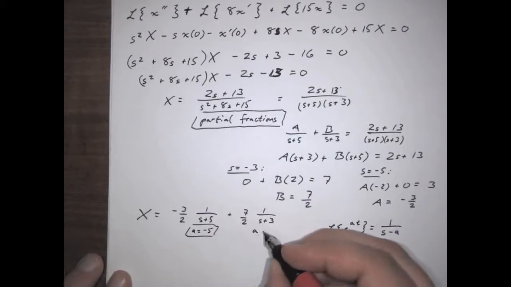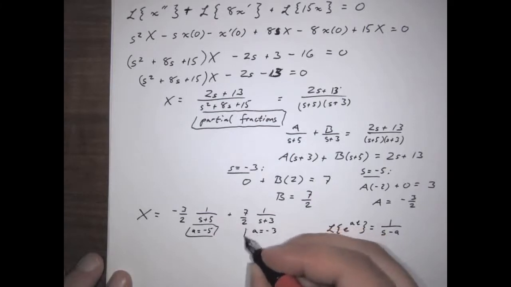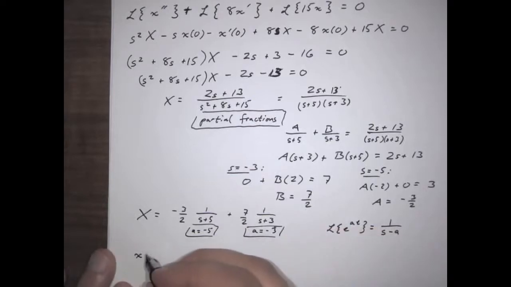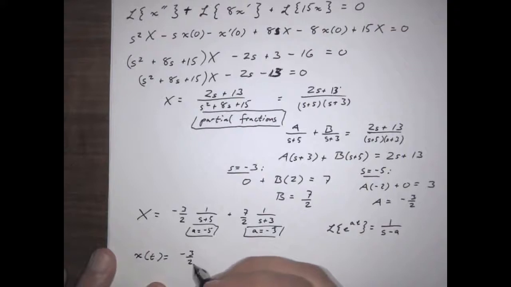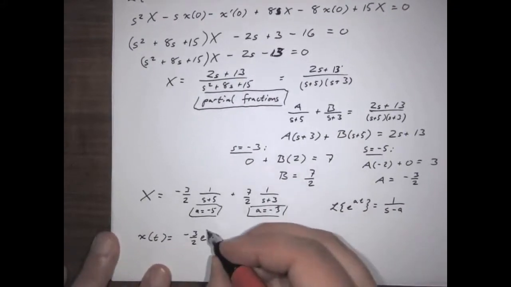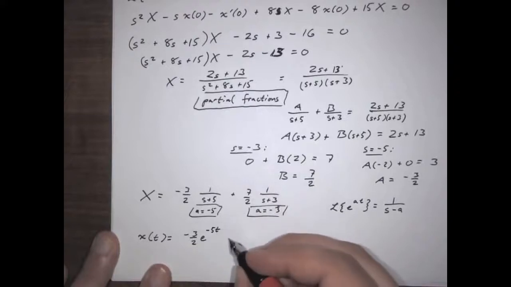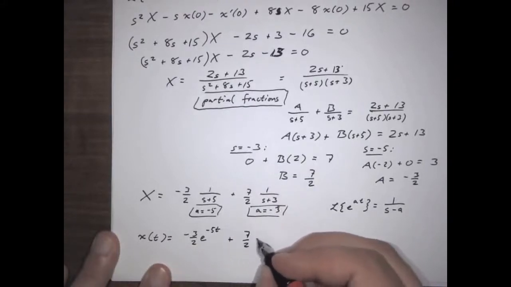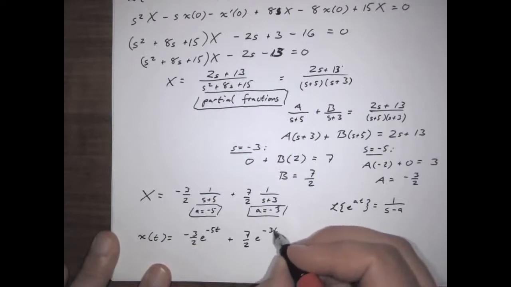This one will be an a of negative 3, but they both fit that pattern, and so that leads us to an x of t equals negative 3 halves e to the negative 5t plus 7 halves e to the negative 3t.